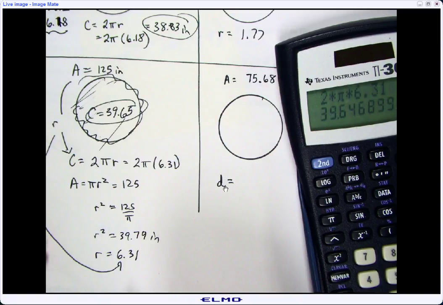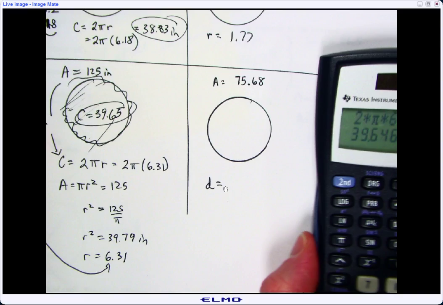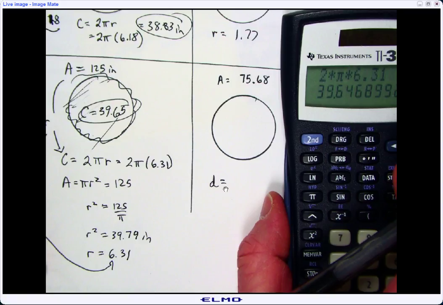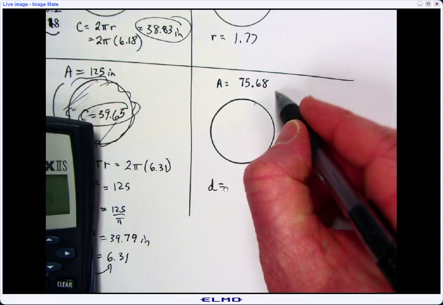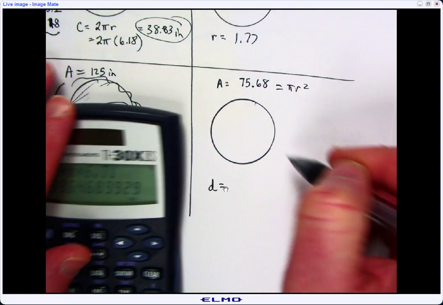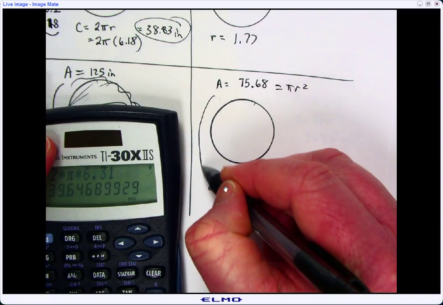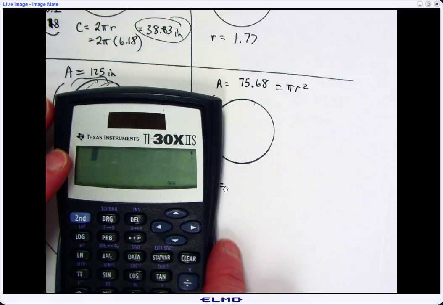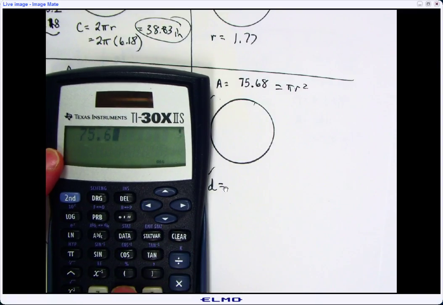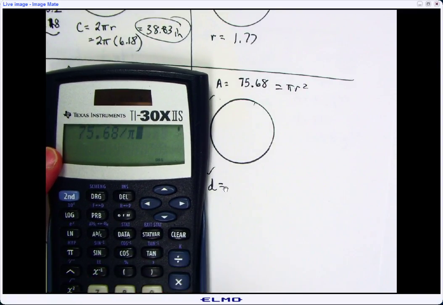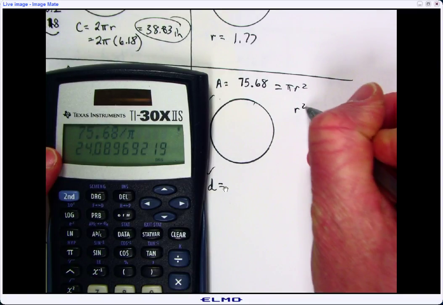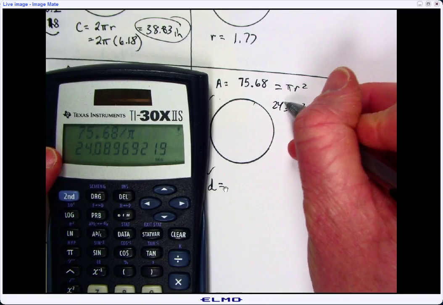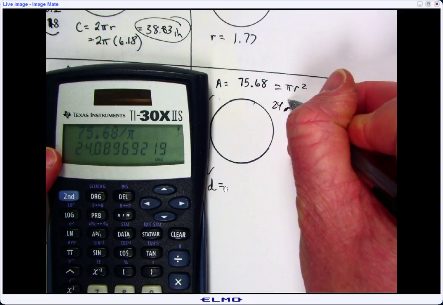This last one, area equals 75.68. That's pi r squared. We got to get to the diameter. So again, we're going to have to find the radius. So if we can find the radius, we can get the diameter. 75.68 divided by pi, 24.09.